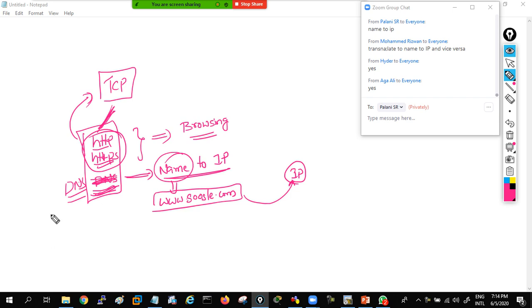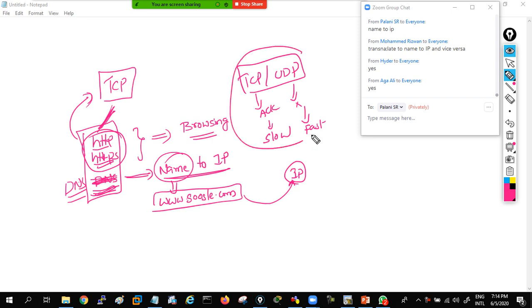Everybody is clear about TCP and UDP? Any doubts? TCP is a slow protocol, guys, but you will get an acknowledgement. UDP doesn't give any acknowledgement, but UDP is a fast protocol compared to TCP. Why? Because TCP carries a lot of headers, that's why it's slow. But UDP doesn't do anything, only source and destination.